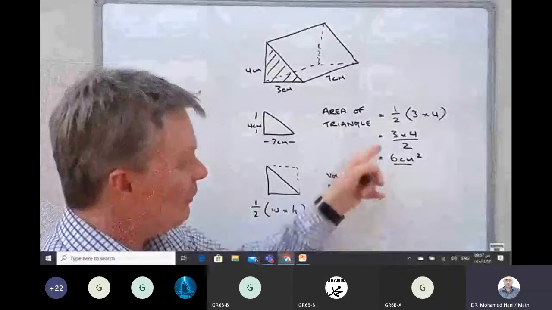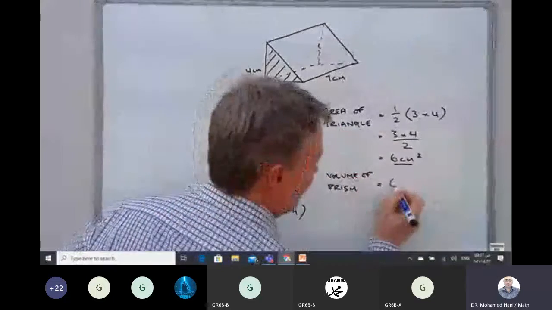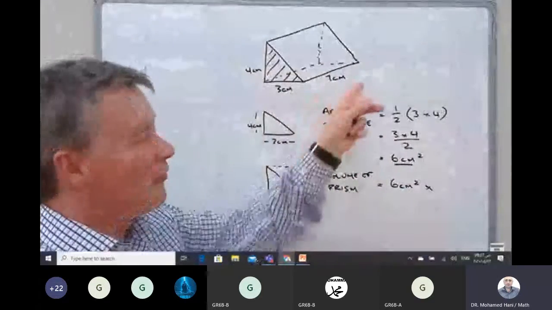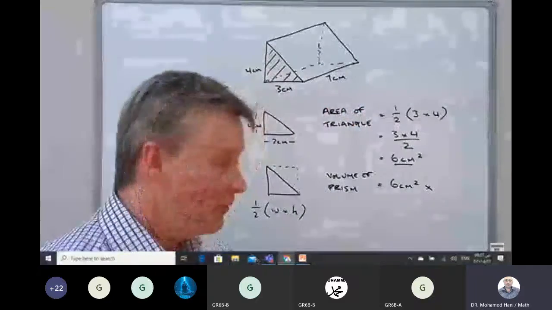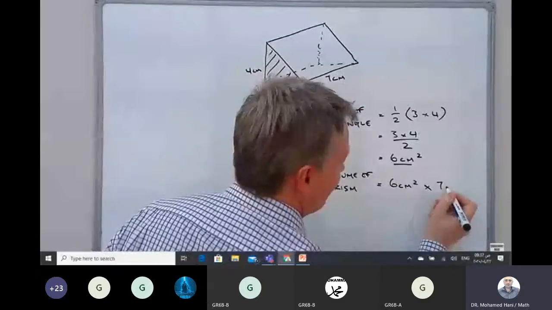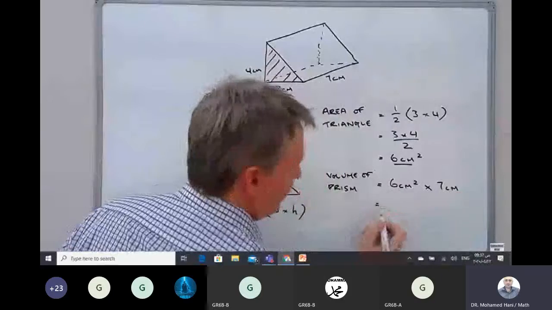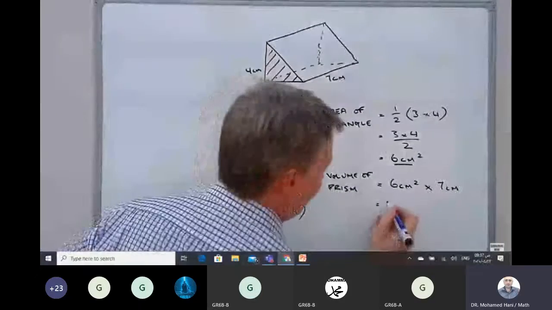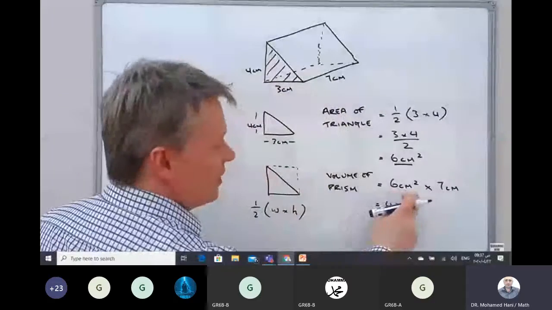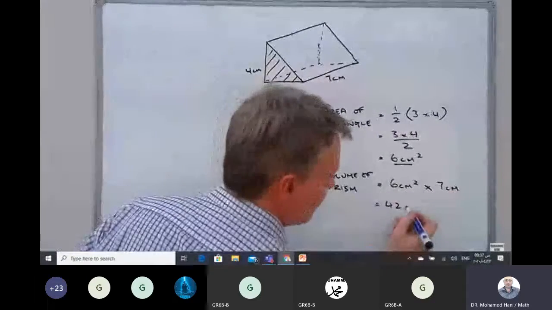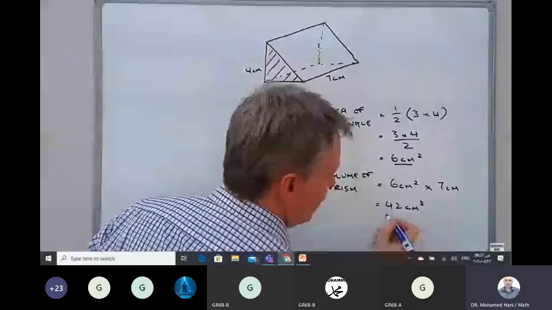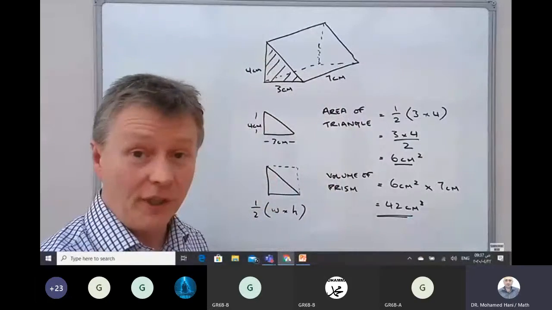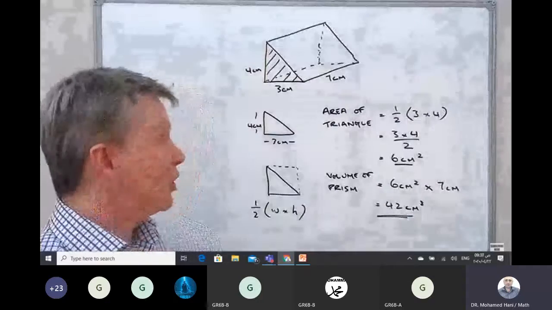But it's the area of the triangle, which is 6 centimetres squared, multiplied by the overall length, which is 7 centimetres. So the volume of the prism is 6 times 7, which is 42. And then it's centimetres squared times centimetres, which is centimetres cubed. And that would answer the question, and that would give you 4 marks at GCSE.